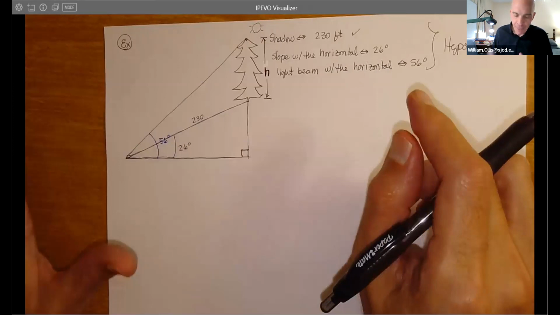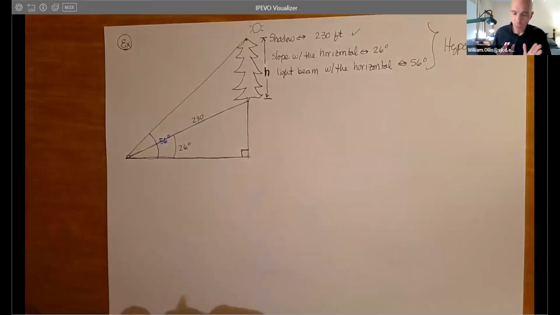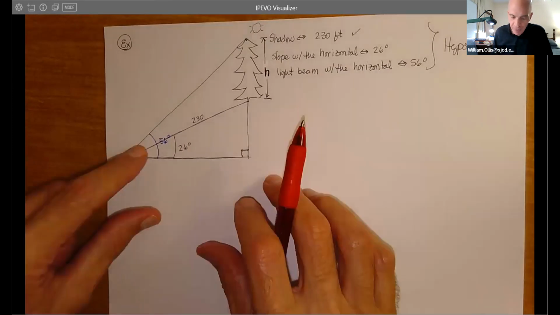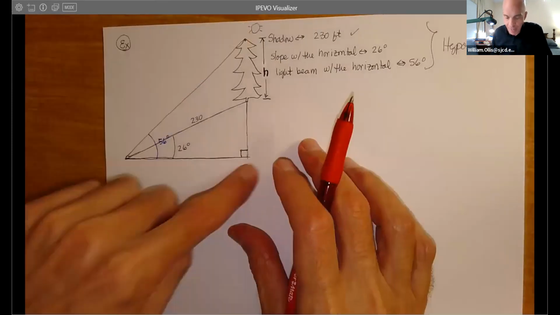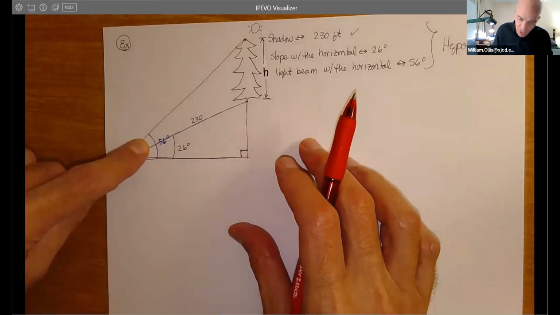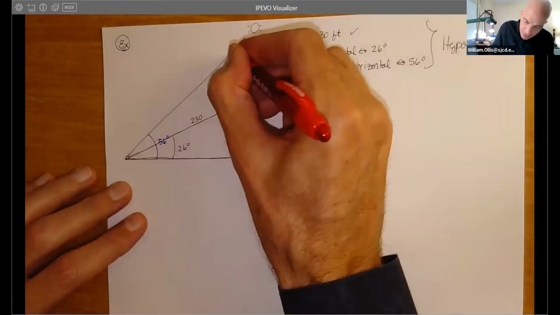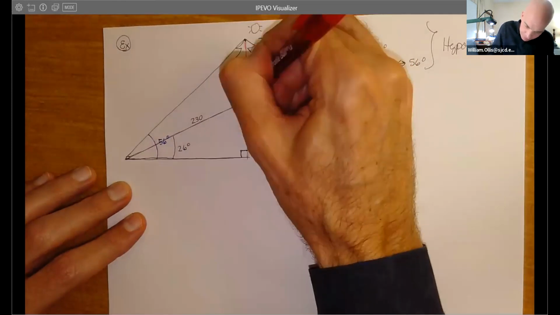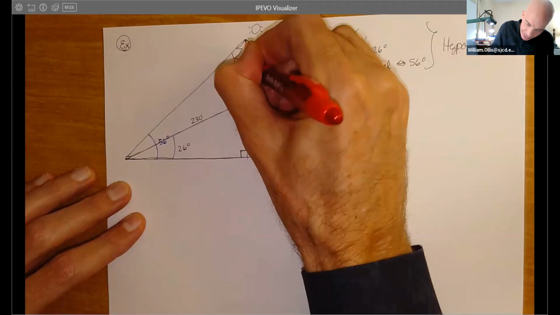Now, when we look at this, we're thinking, okay, well, we can figure this out if we set forth with the law of sines. So let's go ahead and write in what we know here. Notice this big right triangle has a 90-degree angle and a 56-degree angle. So we can get the angle right here. If you want to just go ahead and draw in the vertical, we can call this beta.